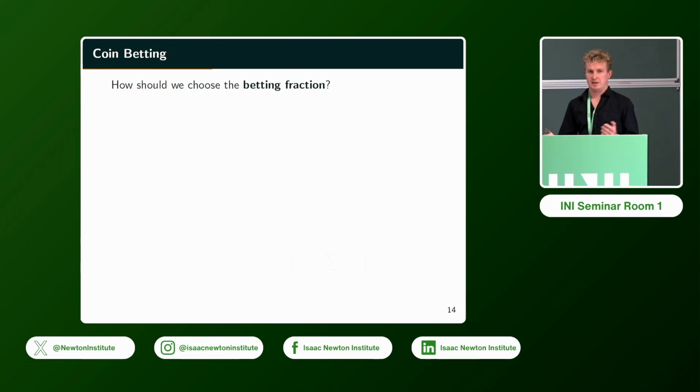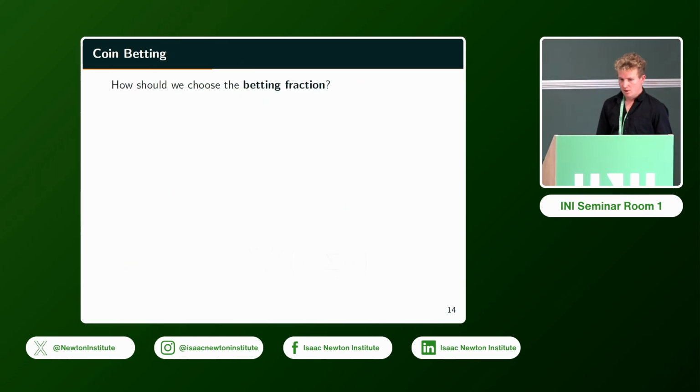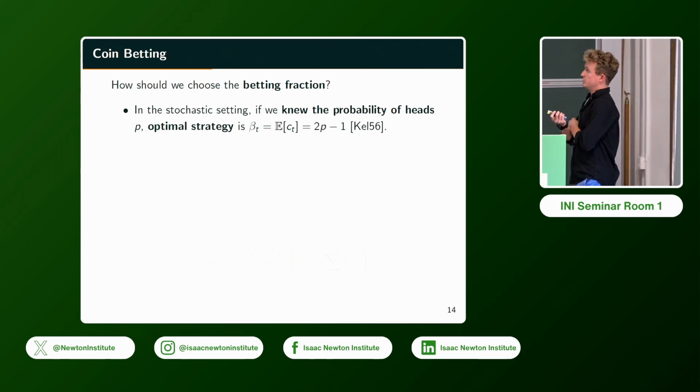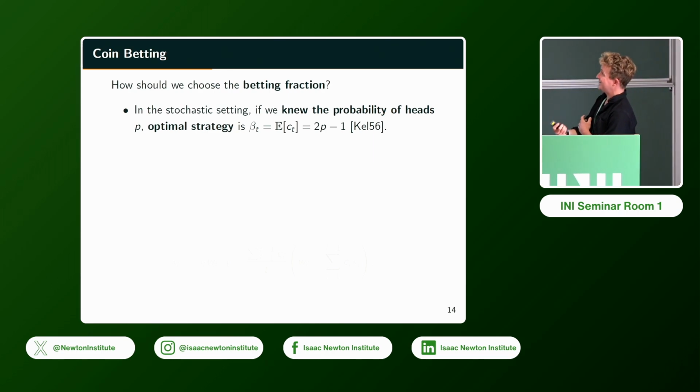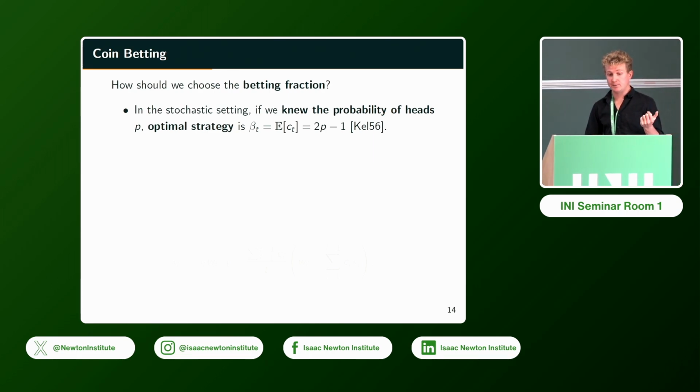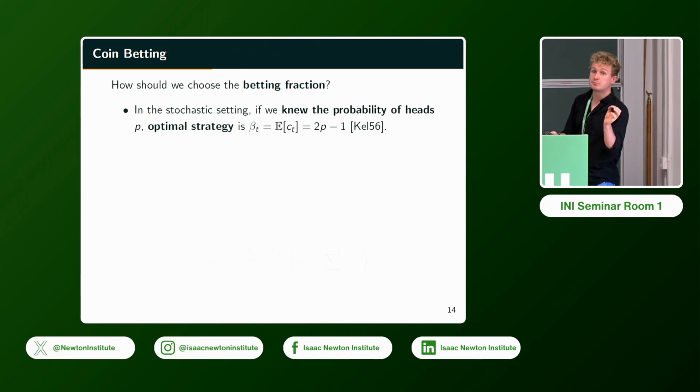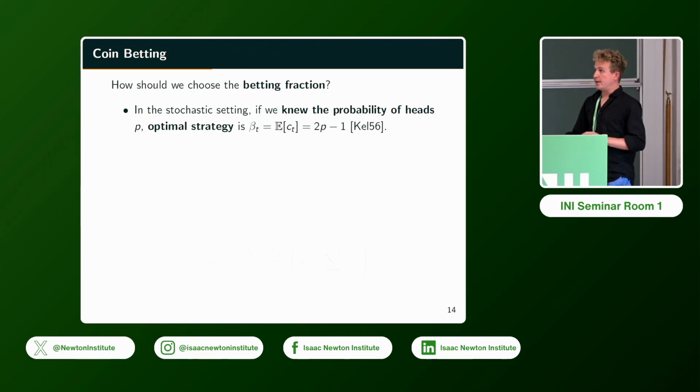So now the question is, how should we choose this betting fraction? Well, there's a number of different scenarios. If we're in a stochastic setting where these are IID coin flips and there's a fixed probability of heads, then you can actually show that the optimal strategy is given by this, which is essentially the expectation of the outcome. And this makes sense, right?